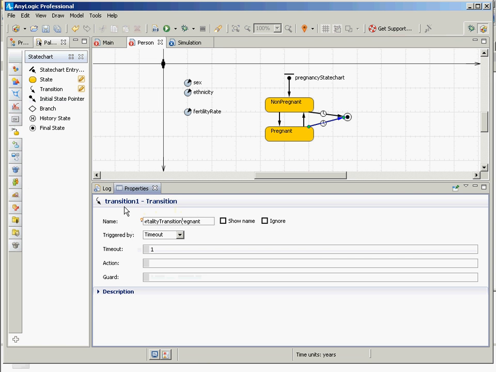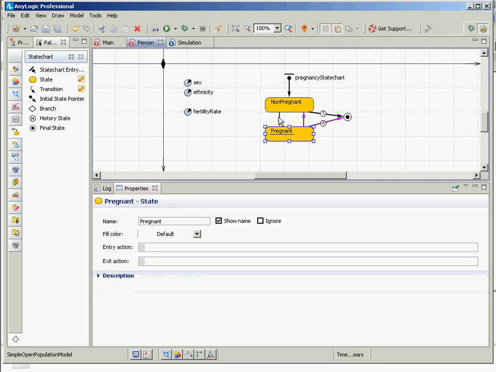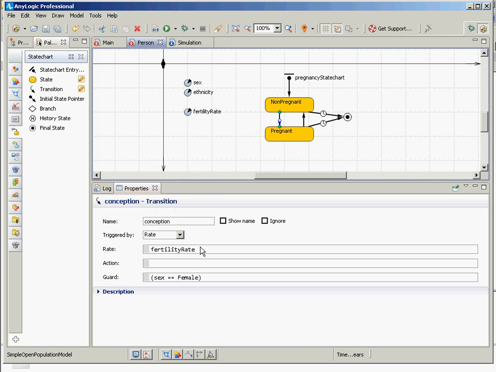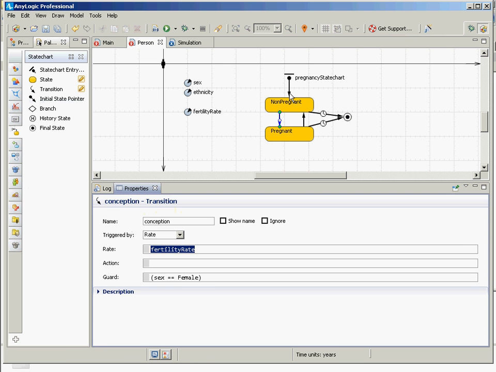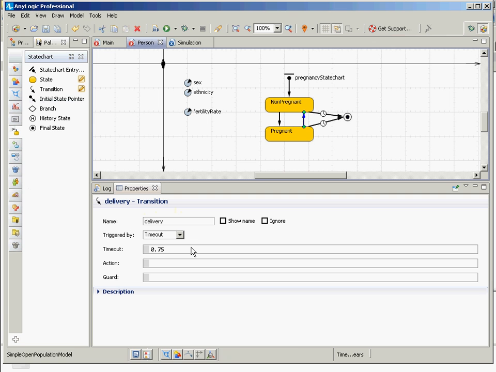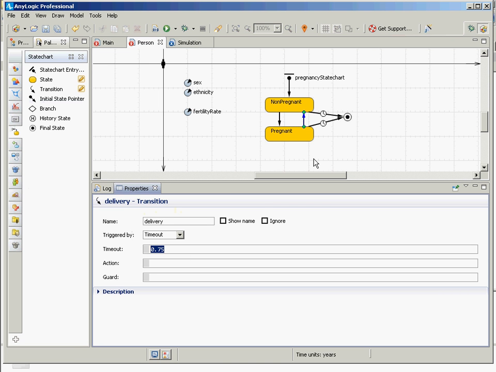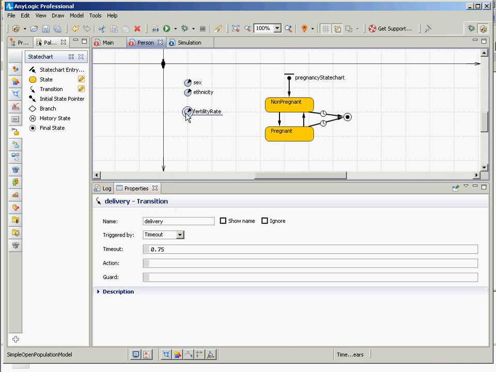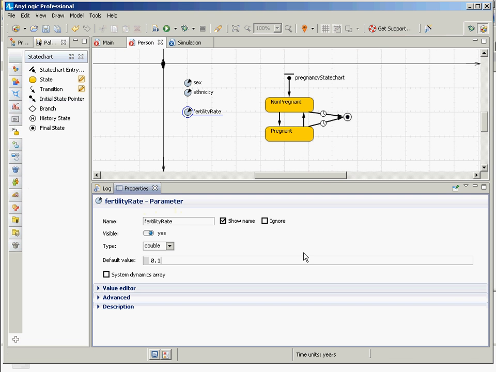In this pregnancy state chart, they proceed from non-pregnant to pregnant with a certain fertility rate, but only women are allowed to become pregnant, and delivery follows after exactly 0.75 years. There's a fertility rate which is 0.1 per year, so 10% chance per year.